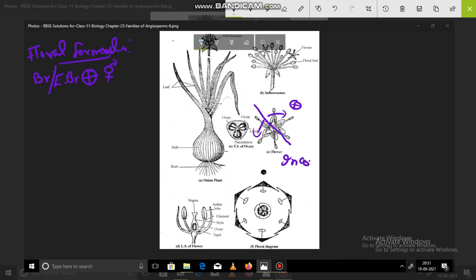Now why am I calling this flower incomplete? That's because here there are no petals and sepals, that means calyx and corolla. Instead of calyx and corolla, they have tepals, which is otherwise known as perianth.